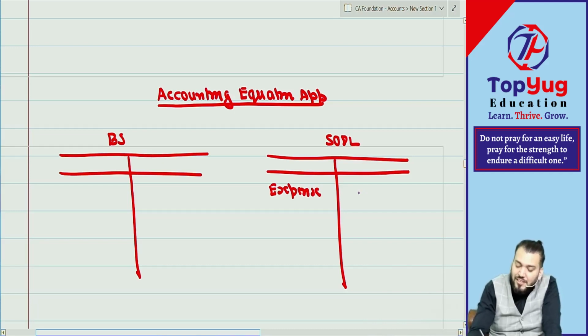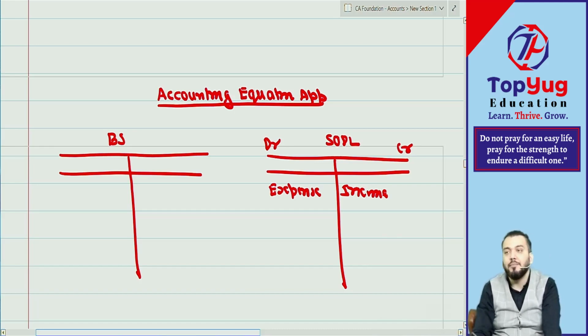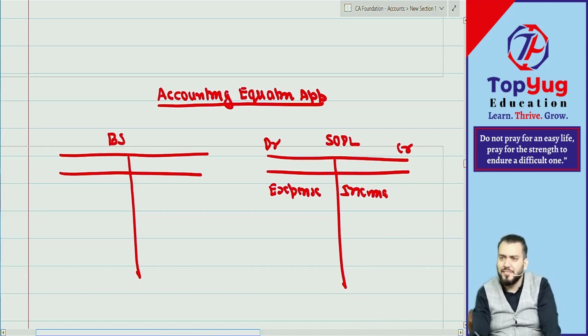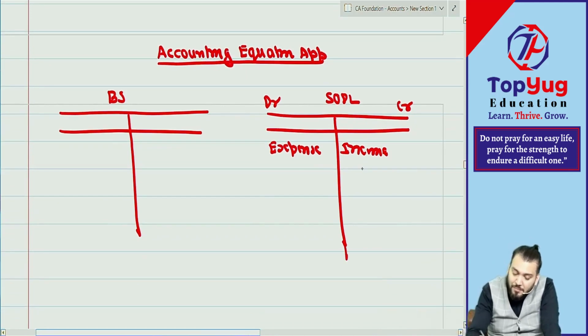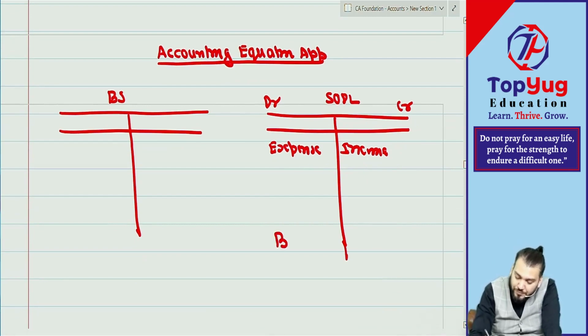What we write down in the right hand side of SOPL? Income. So all income will be credited, all expense will be debited. Understood? Correct. Now, income minus expense is what? If income is more than expense, we call it profit. Correct?